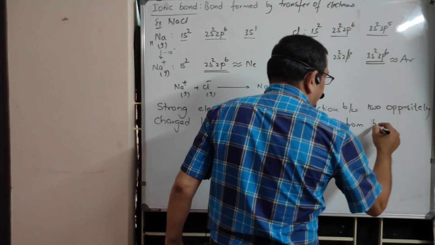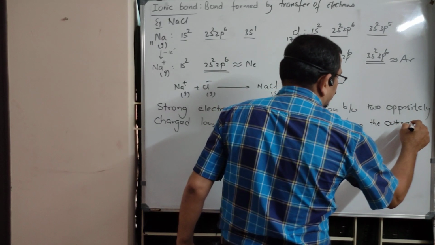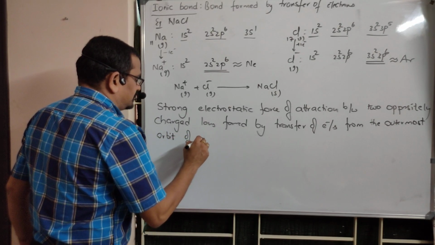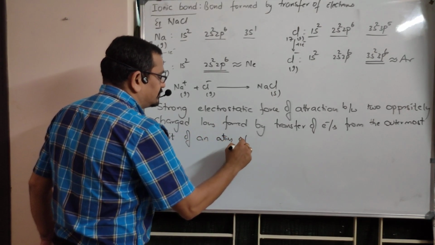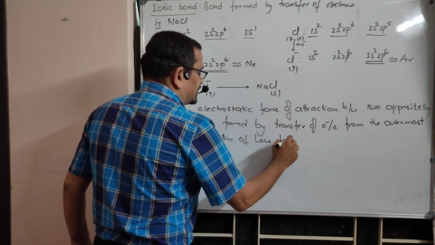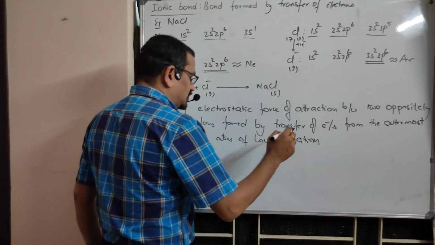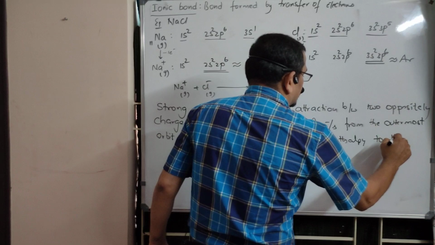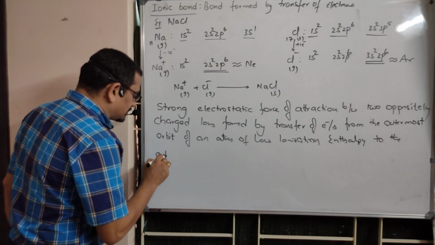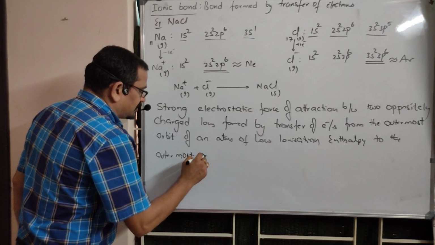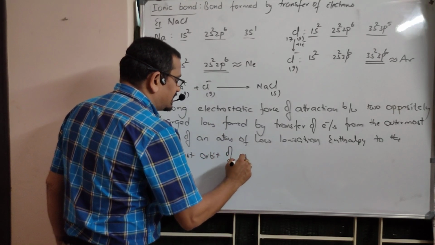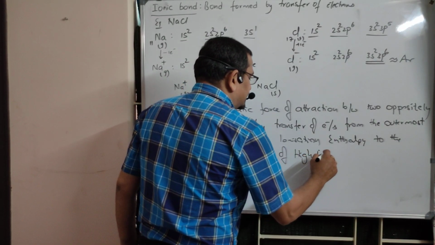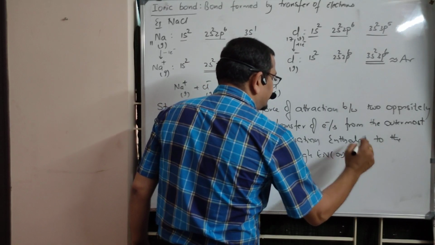from the outermost orbit of an atom of low ionization enthalpy to the outermost orbit of an atom of high electronegativity or electron affinity.